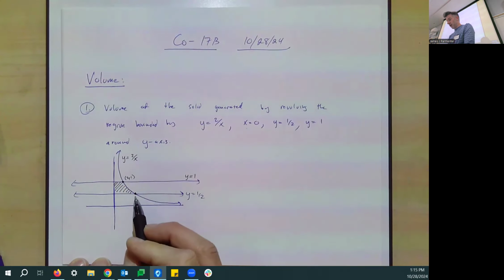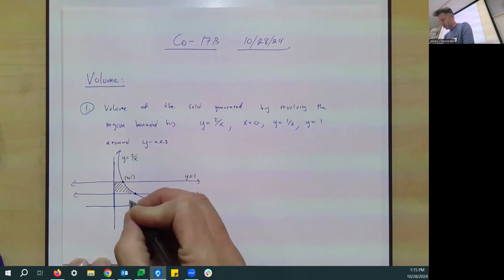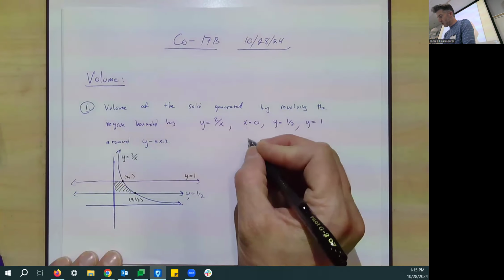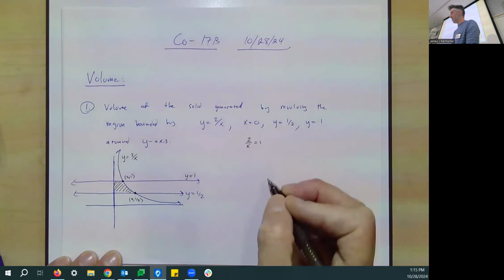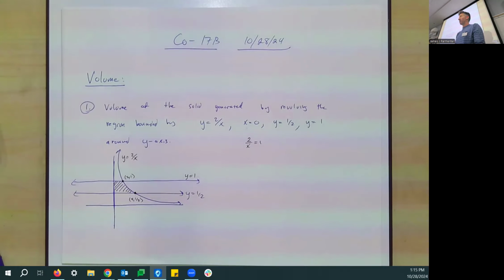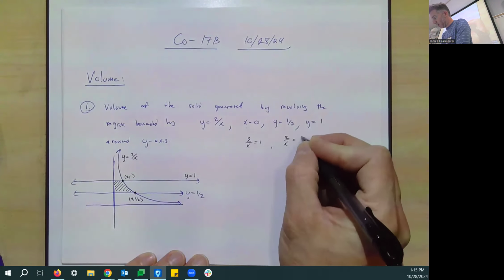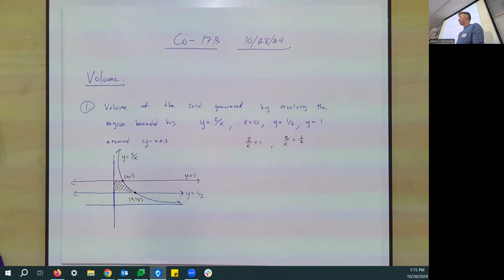And if y equals 1/2, x is going to have to be 4. You can also set things equal to each other and solve for x, but if you're setting 2 over x equal to 1, I think you can see pretty quickly that x has to be 2. And similarly, if 2 over x equals 1/2, then x has to be 4. There's no other way around it.